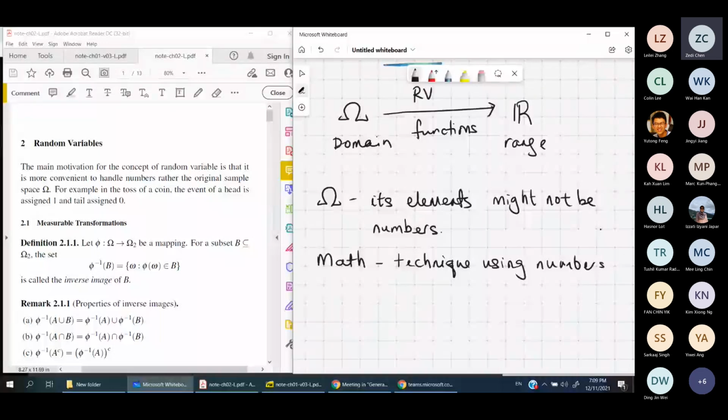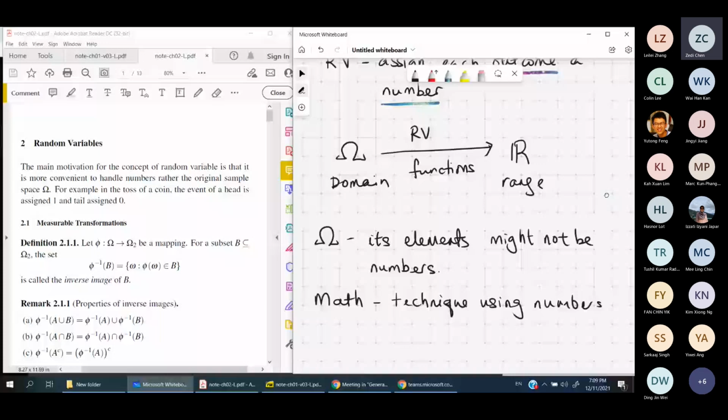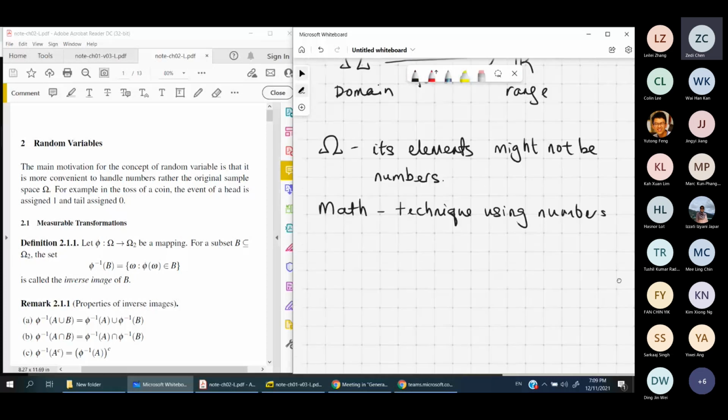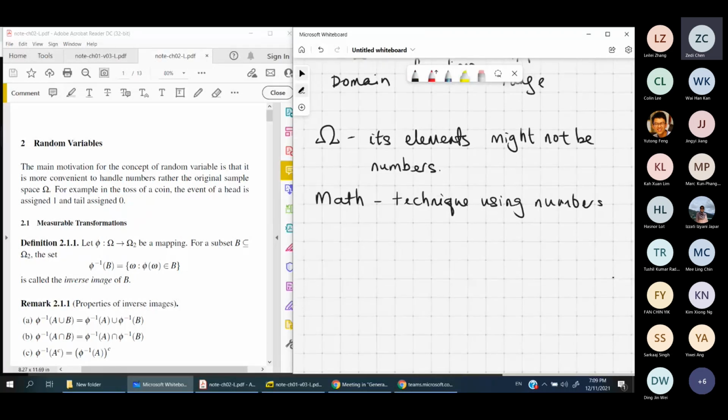Roughly speaking, a random variable is a function with domain the sample space, and range R. So we have to talk about functions.